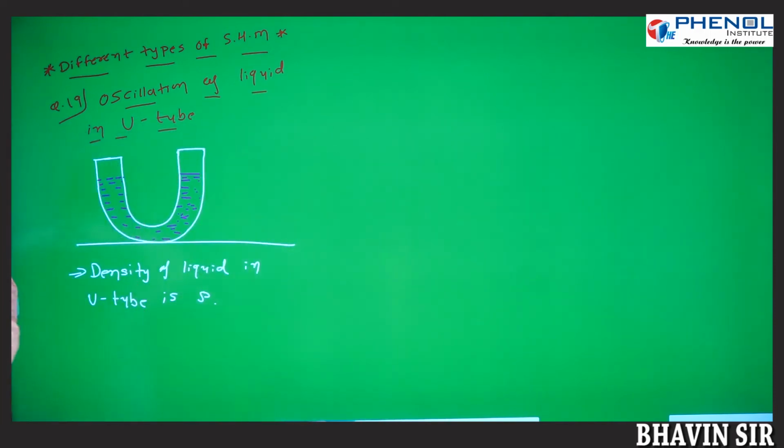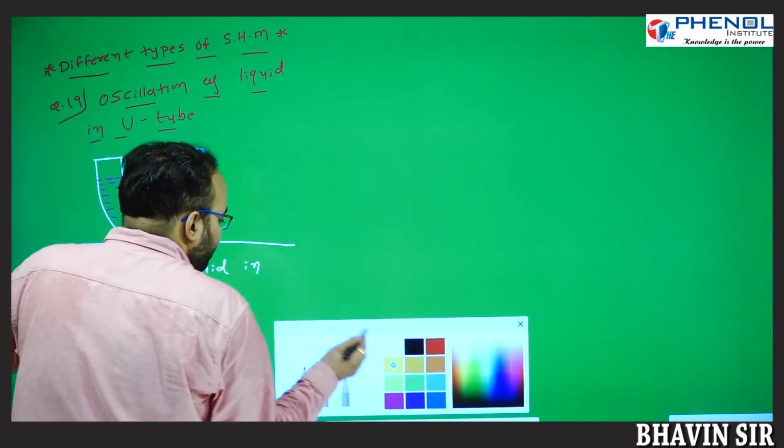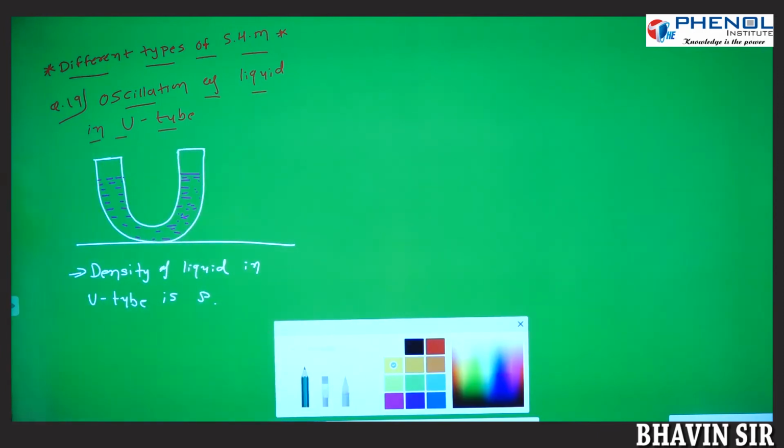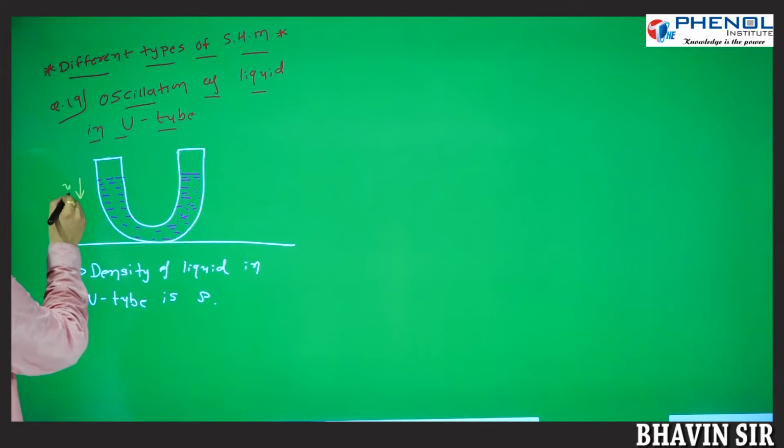Say students, next, the density of liquid in the U-tube is rho. Now suppose we apply a pressure difference. Due to the pressure difference, the displacement of the fluid in a downward direction in one arm of the tube is y.